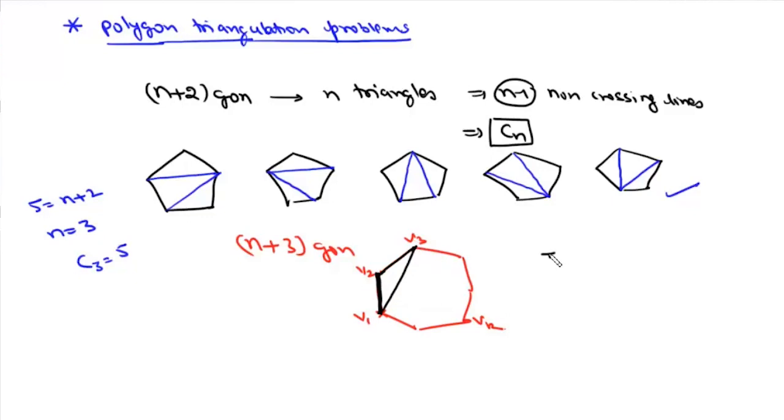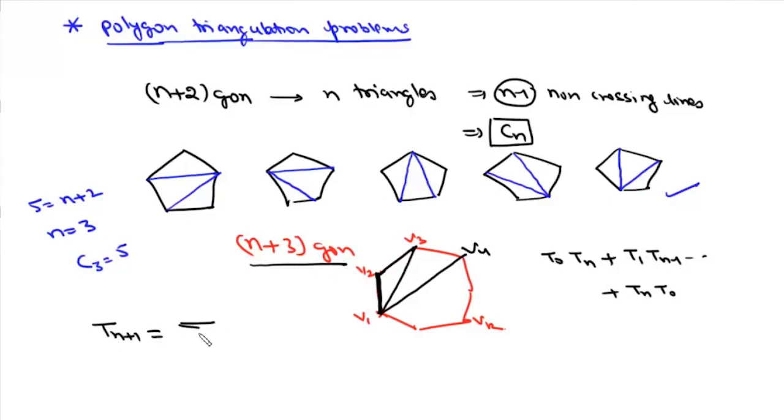The number of ways of doing this is simply t0, and then we are left with this n plus 2 gon having n plus 2 sides, and the number of ways of triangulating is simply tn. Now if we choose this v4, then here we have 4 sides, the number of ways of triangulating on the left will be t1, and on the right will be tn minus 1, and it will continue till tn and t0. So basically the triangulation of this n plus 3 gon, which is tn plus 1, satisfies this recurrence relation, tk and tn minus k, where k varies from 0 to n.